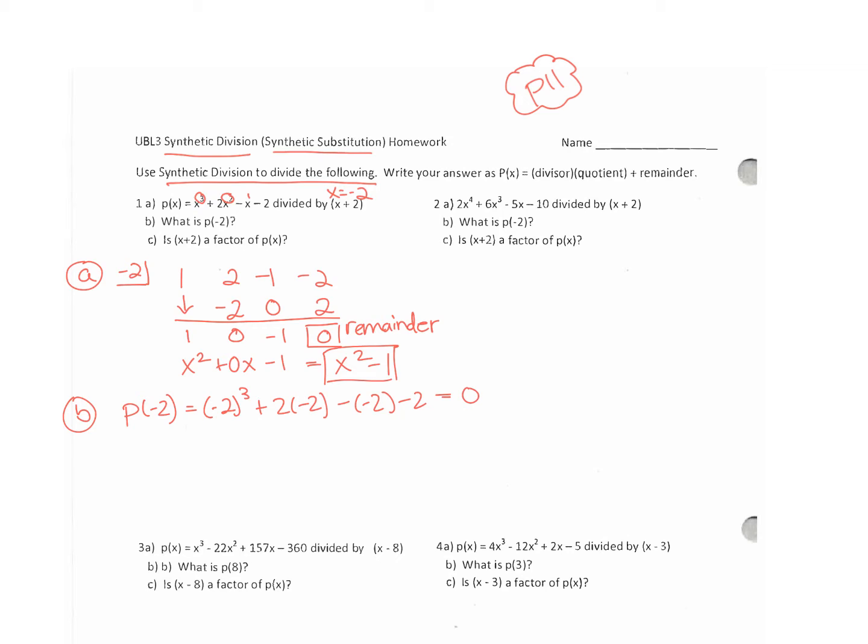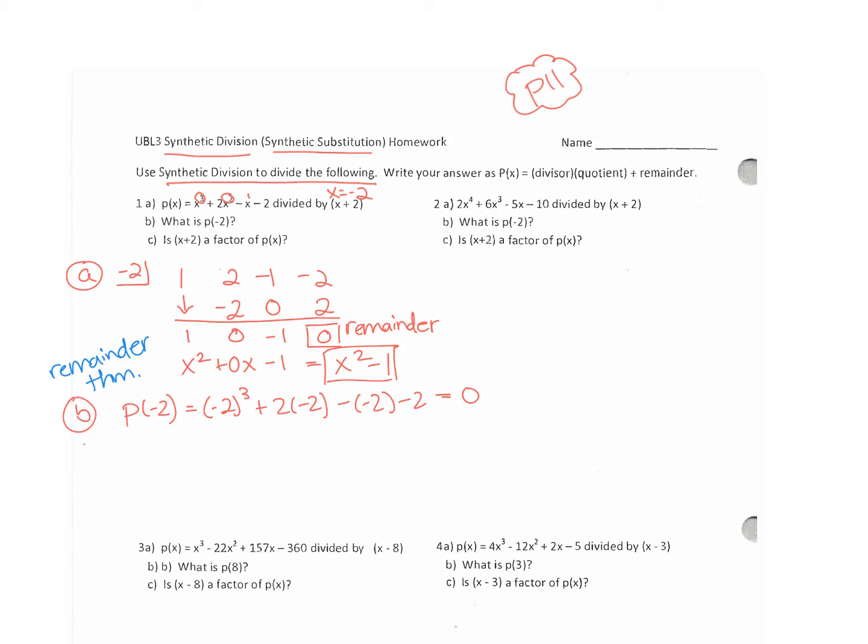That's 0. That's my remainder theorem. My remainder theorem tells me that when I substitute my divisor into my polynomial, what I get is whatever I get for my remainder from synthetic division.